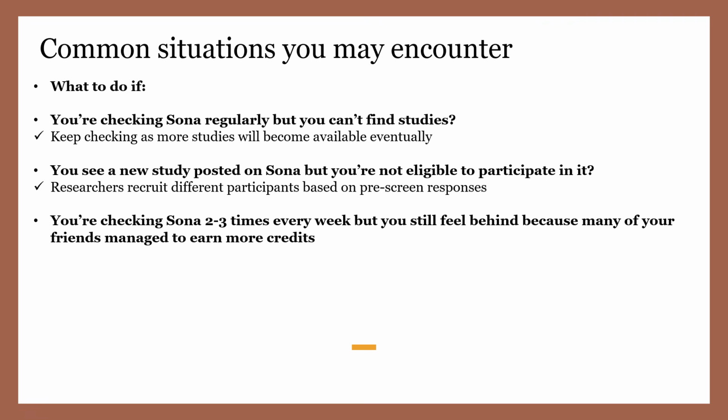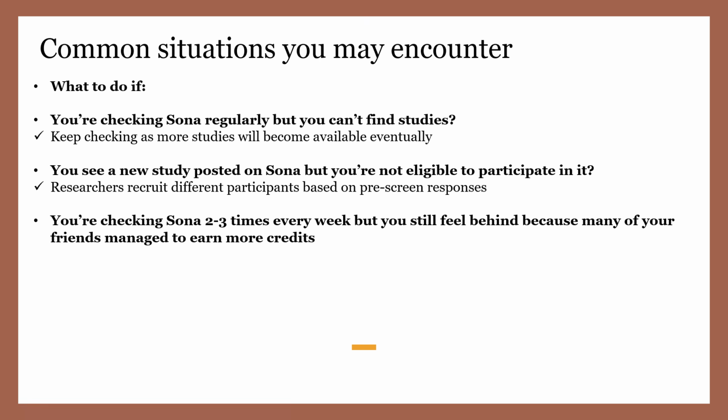Third situation, let's say that you're checking SONA 2 to 3 times every week, so you're doing what you're supposed to be doing, but you still feel behind because many of your friends managed to earn more credits. This is probably one of the questions that I receive the most often. Keep in mind that different students may qualify for different studies because there are different eligibility requirements.